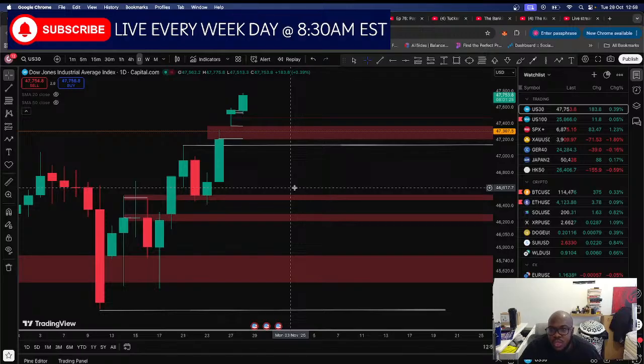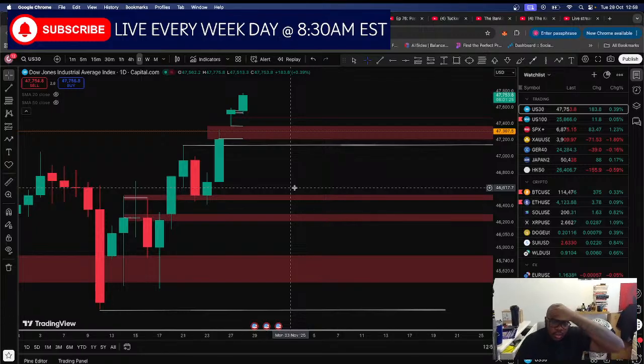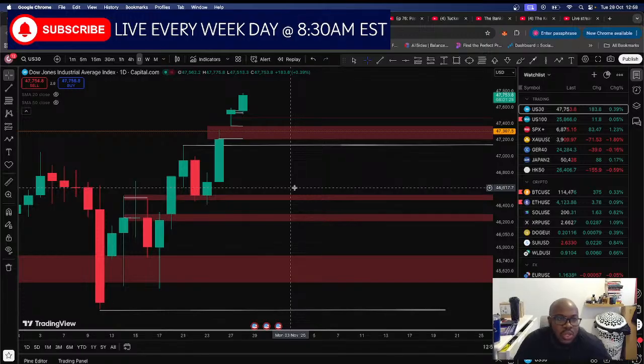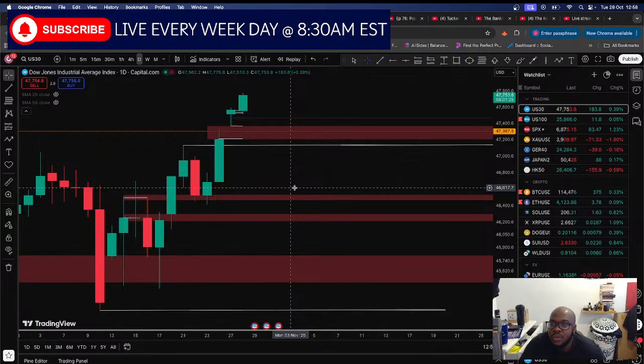So if we do take a trade from the highs, we would be permitted to short the market down, something like this. Obviously, given that this happens inside our window of execution, which is between 1:30 and 3:30, maybe roughly 4 o'clock.